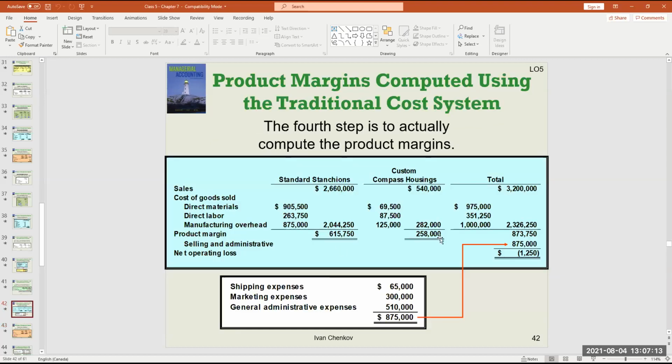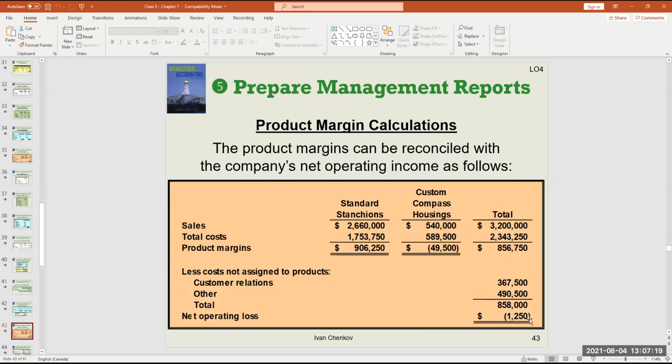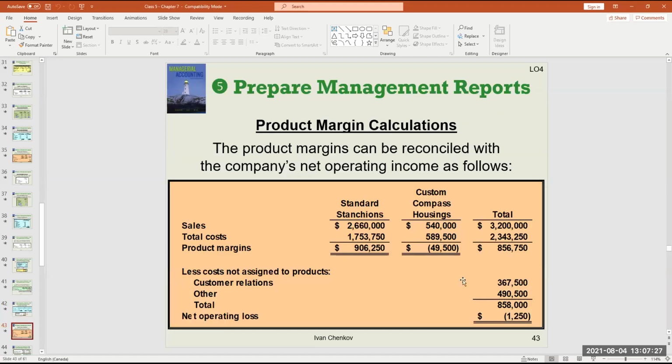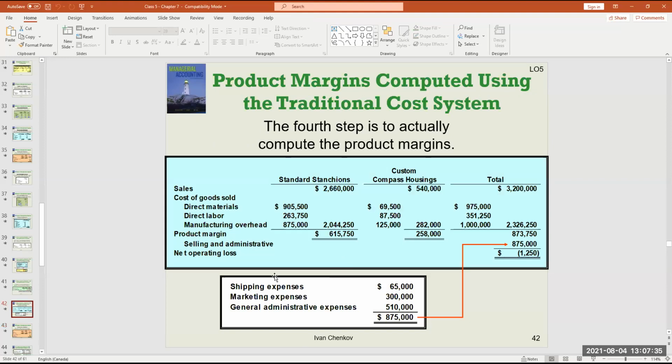Here, that product is profitable. Again, we're not changing the bottom line. The bottom line is we're still losing $1,250. But the allocation of the cost is different, which changes our perspective on which product we're making money on, and which product we're losing money on.